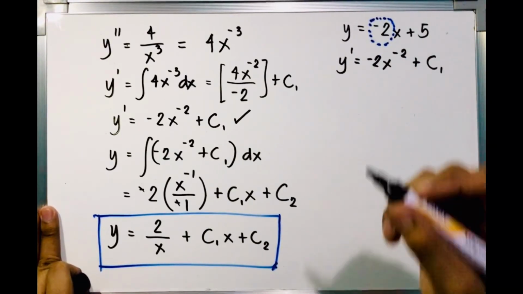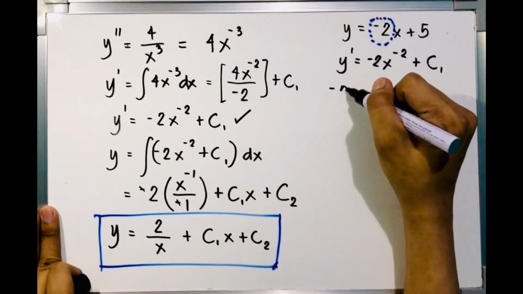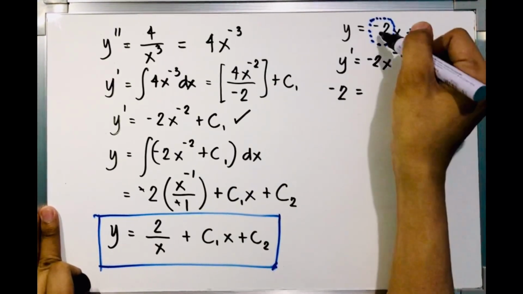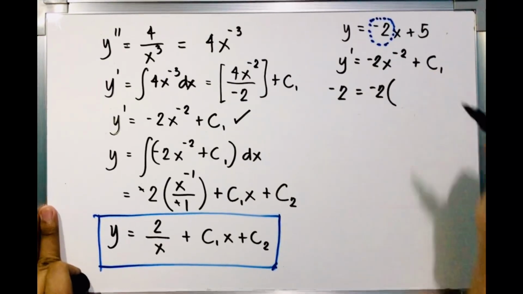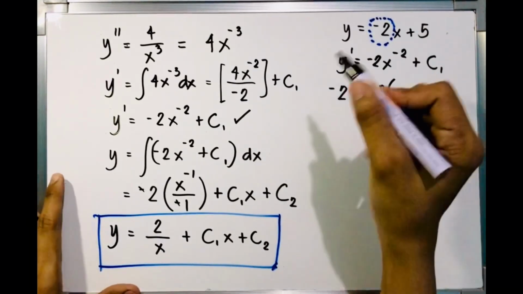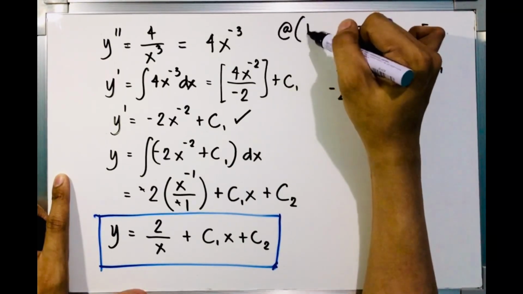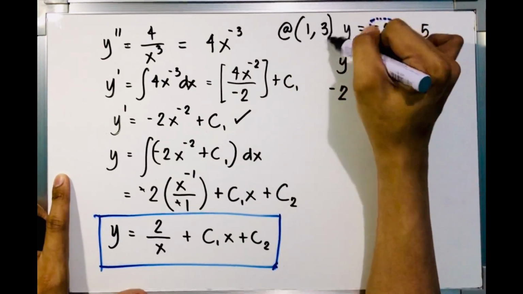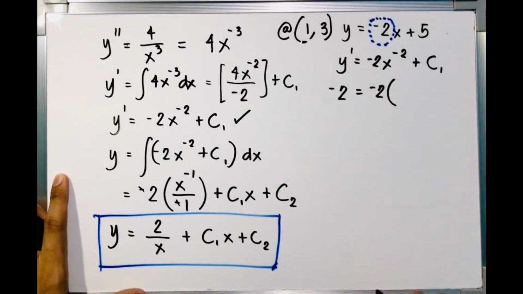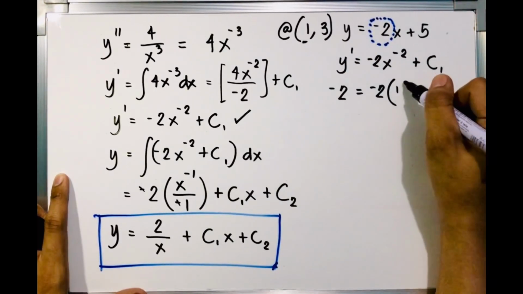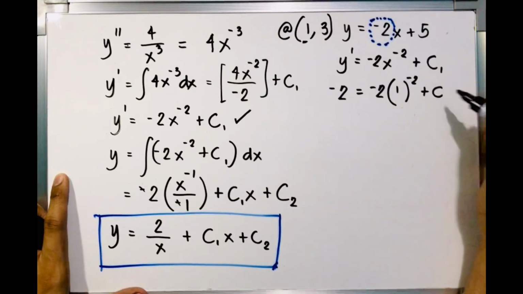Nung line na yon, which is tangent to the curve, I have my negative 2, ito yon, yung slope, is negative 2 multiplied by, ano nga ba yung value ng x? This is at 1, 3. Therefore, my x is 1.